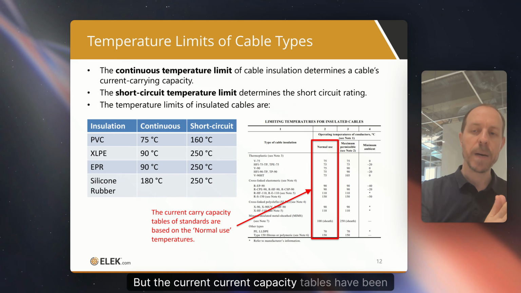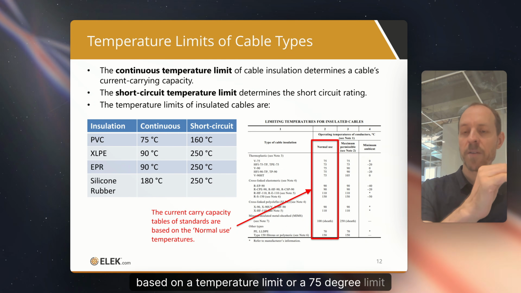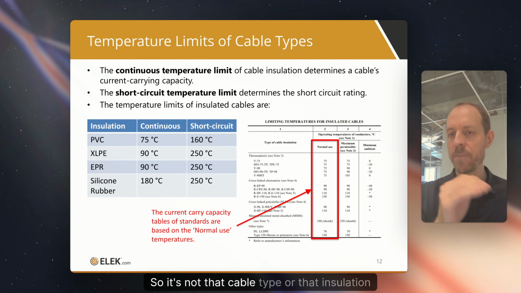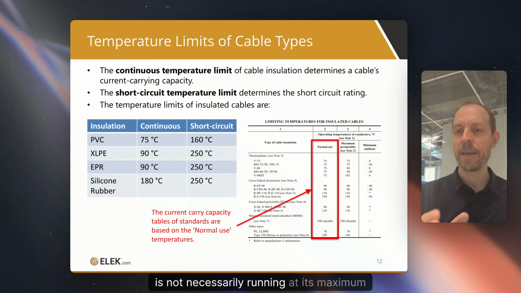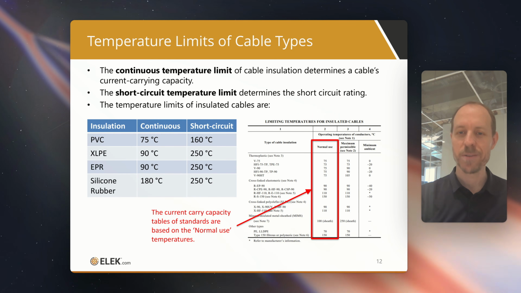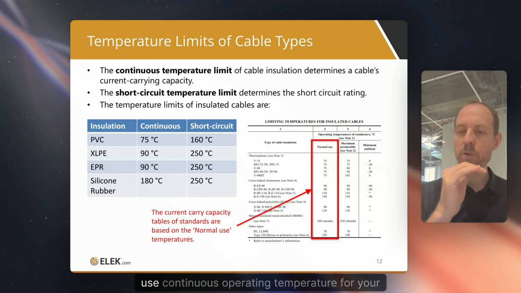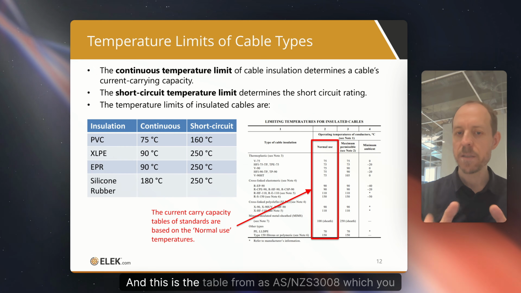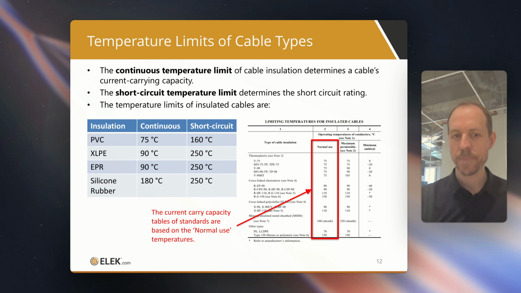But the current capacity tables have been based on a 75 degree limit, not the 90 degrees. So that insulation type is not necessarily running at its maximum temperature or even its maximum current. So it's important to be aware of the normal use continuous operating temperature for your cable type. And this is the table from AS/NZS 3008, which you can refer to.